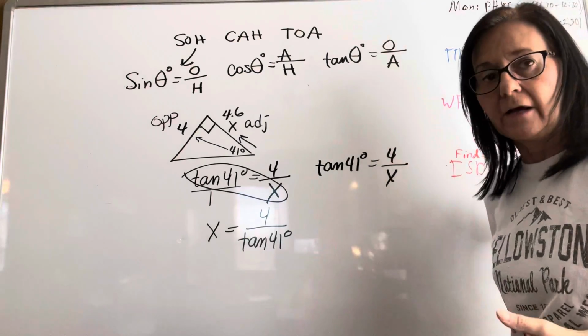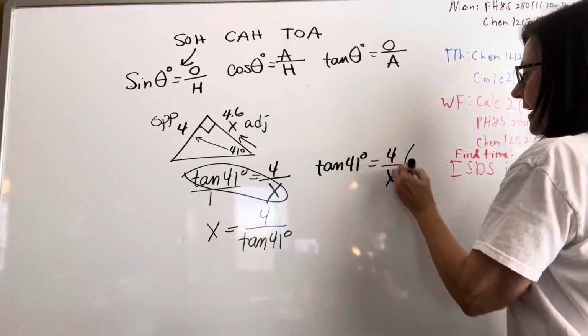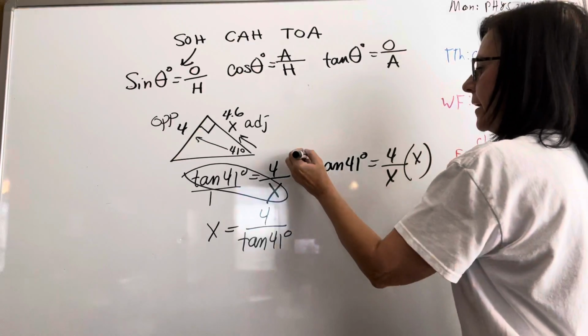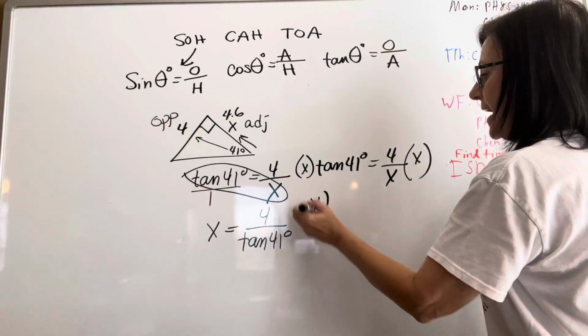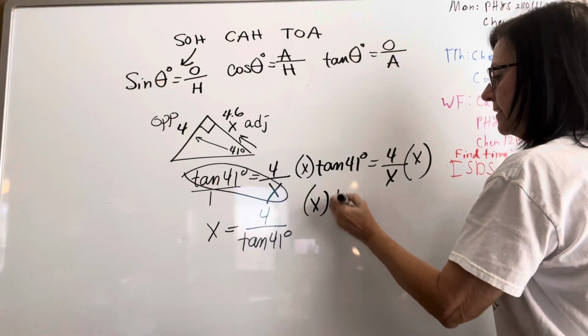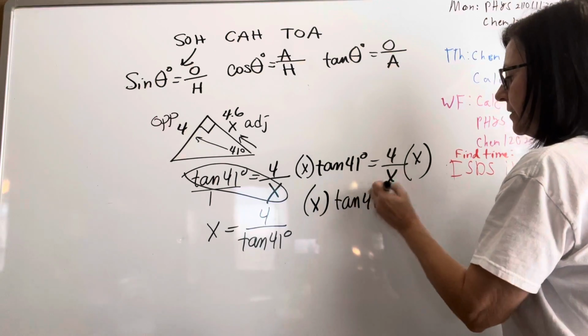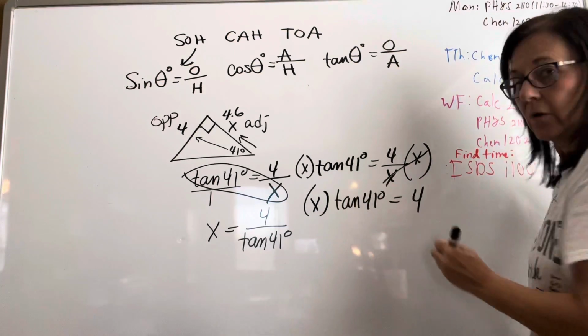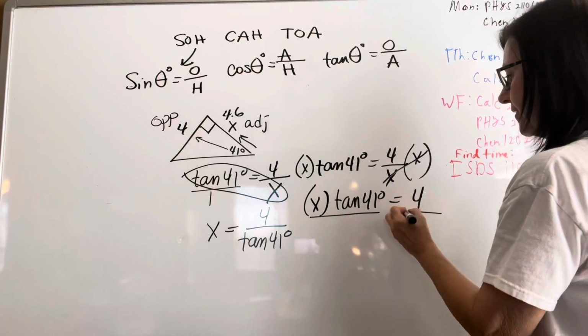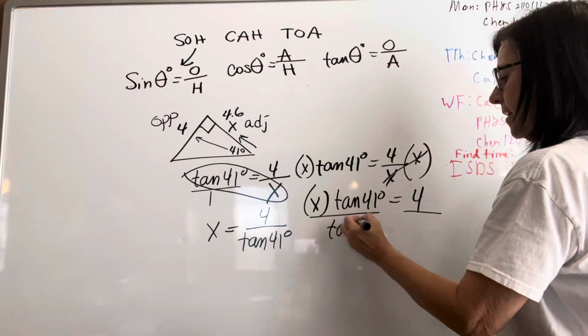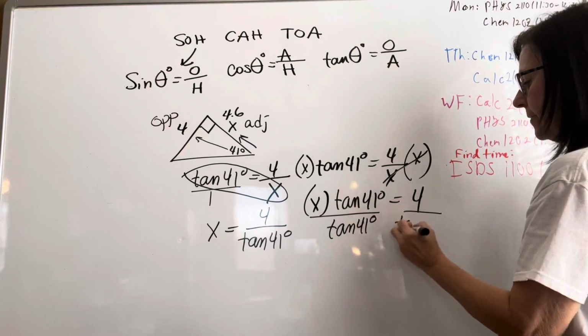I could just solve it algebraically, eliminating the denominator by multiplying both sides by x, so that I have x times the tan of 41 degrees equals 4. I want to solve for x, so then I divide by the tan of 41 degrees on both sides.